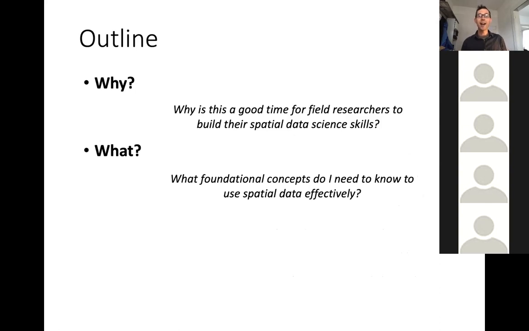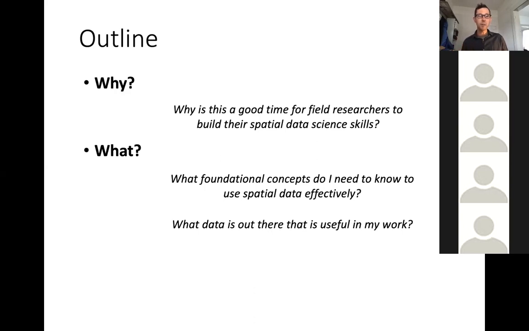What foundational concepts do I need to know to use spatial data effectively? So it's not actually that hard. Geography is a big and very old field, but there are really just 4 key concepts that you guys need to understand to start to use spatial data in your research and match up these new remote sensing measurements to field data in an effective and sensible way.